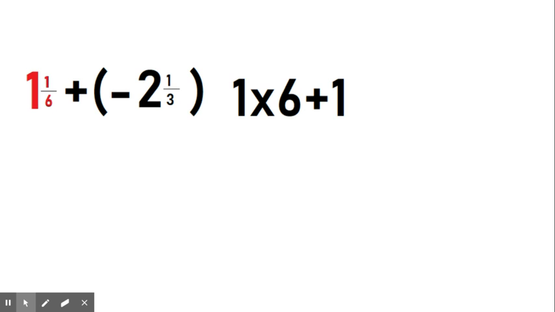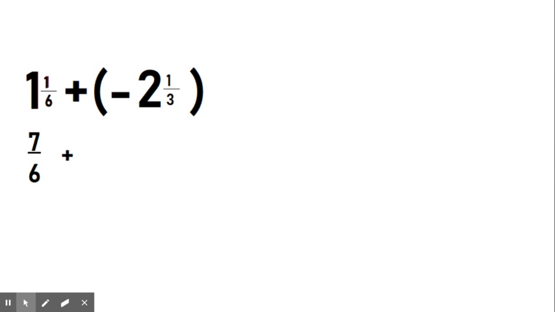And the first thing to do, we'll start with the first one, is notice that 1 times 6 plus 1 makes 7, and that's the whole number times the denominator plus the numerator, and that creates 7. So that's going to be our new numerator.